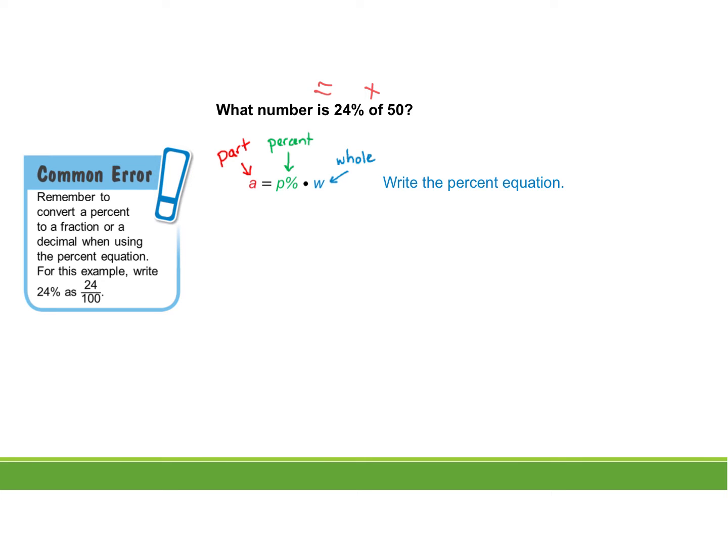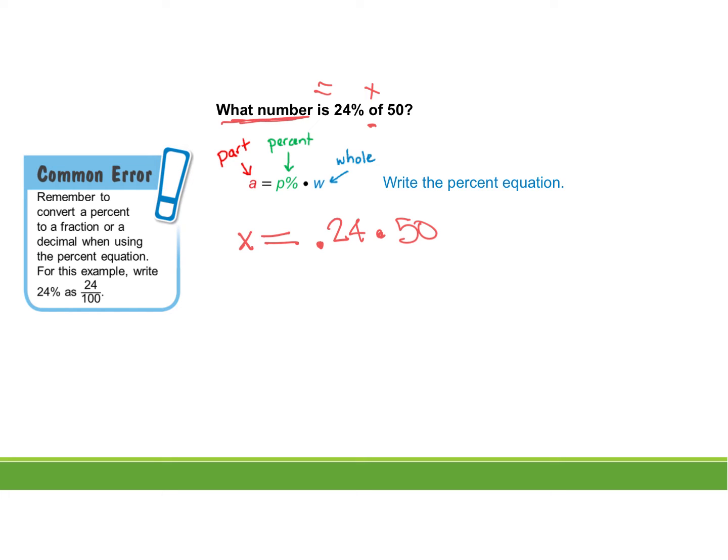Because I don't know what number I'm having to solve for, I'm going to just plug in an X. So what number is means equal. P% would be 24%, but I have to write that as a decimal. And then of means to multiply, and then I'm multiplying that by 50.